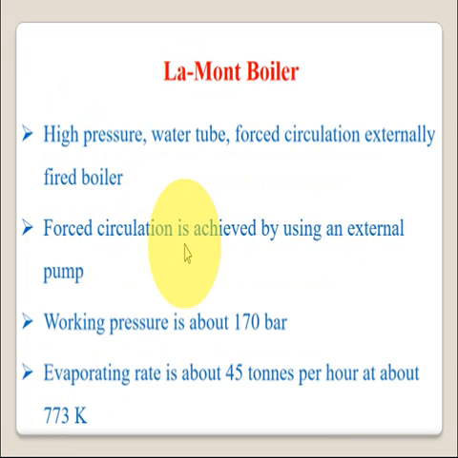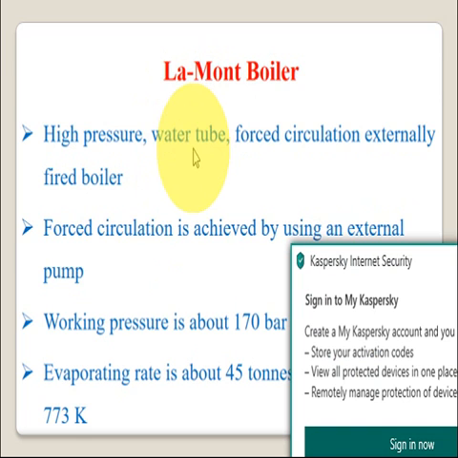There are various high pressure boilers used in steam power plant: Lamont boiler, then Benson boiler, then Velox boiler, then supercritical boilers and supercharged boilers. So first we'll discuss Lamont boiler, which is high pressure boiler generating steam more than 80 bar, and the water is circulated through tube.